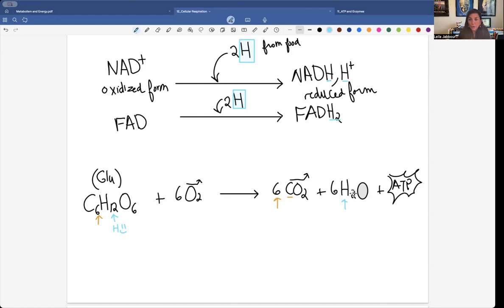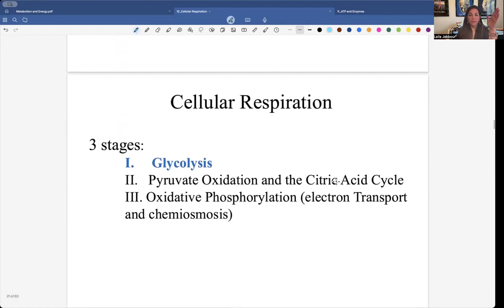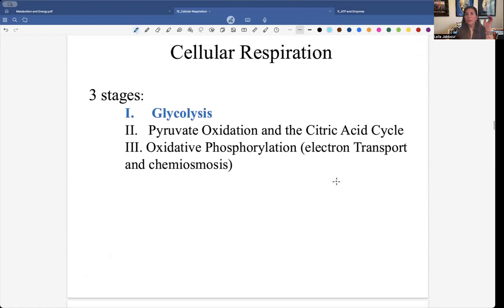So they're in the water molecule in the overall reaction, but in the process, they will actually go through NAD and FAD first. This is just all the way at the end, we end up with water molecules. Okay, so now that I kind of explained those 2 electron acceptors and really the overall reaction one more time, now we can get into the story. Can you imagine? We're just starting now the story.